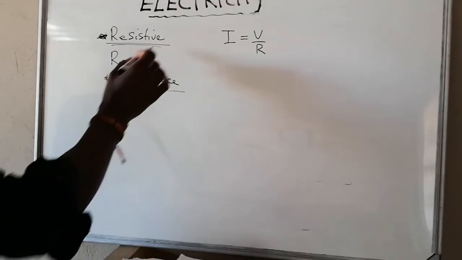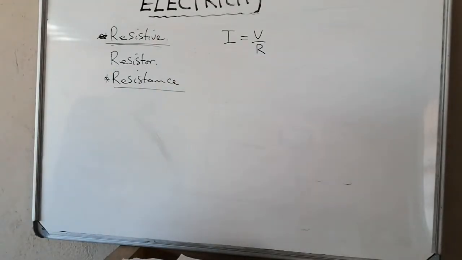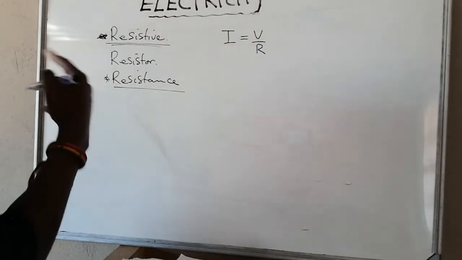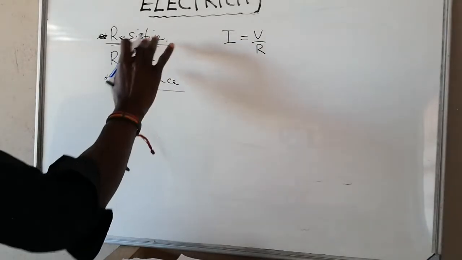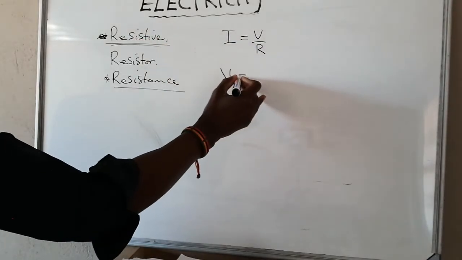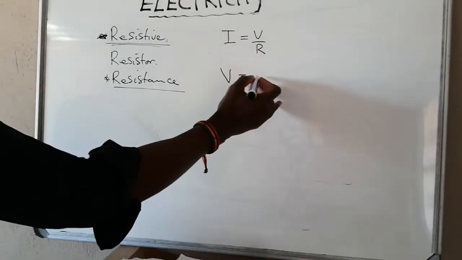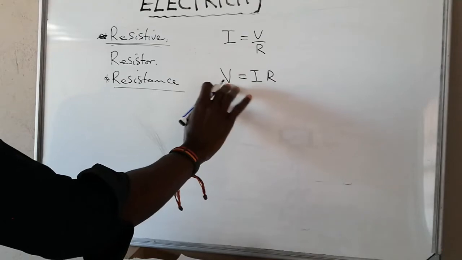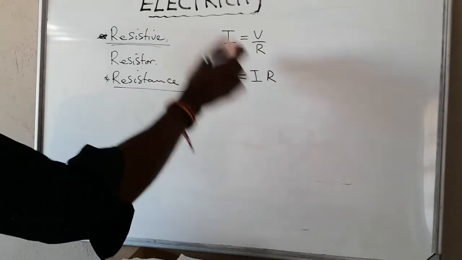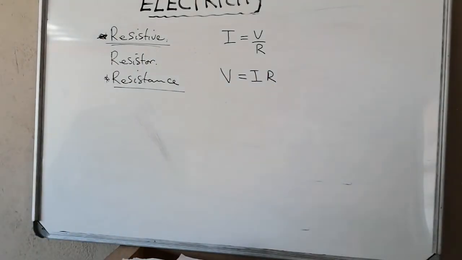And every component that is resistive in its nature will have a potential difference, how much voltage it is dropping. So we can calculate the voltage drop across the components using the same formula, current times resistance. So this will be the voltage drop across that component if we know the amount of current that is going across that component.